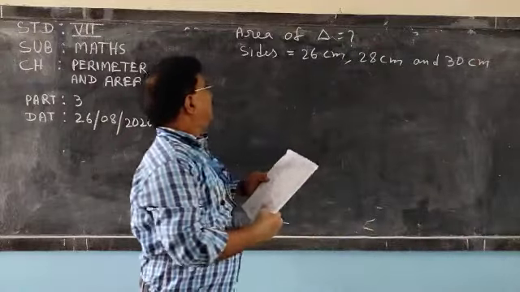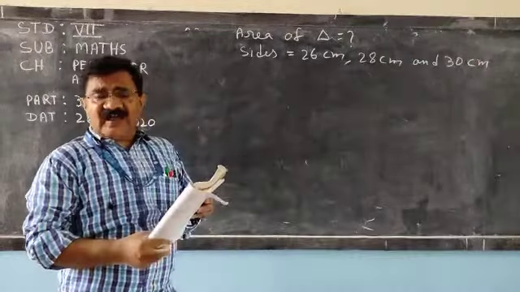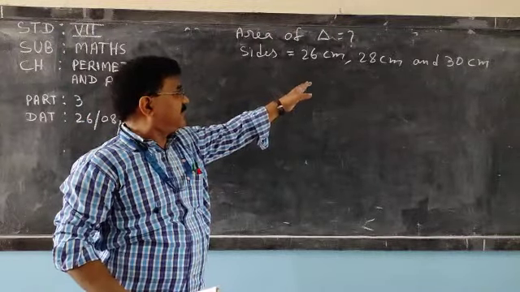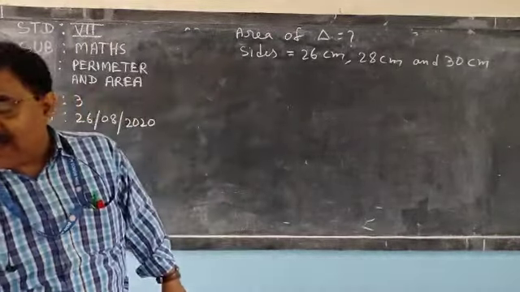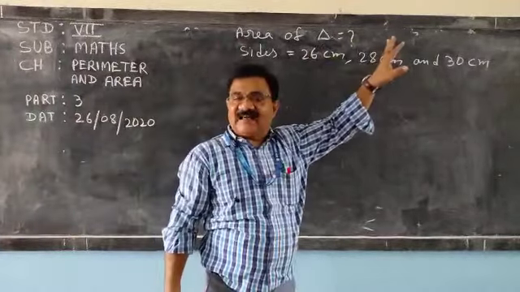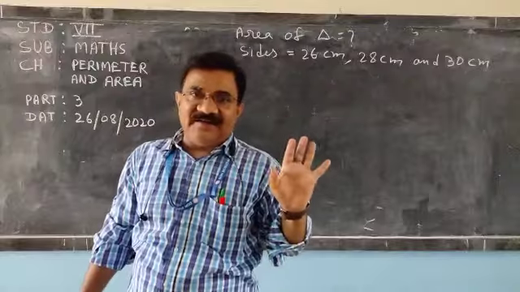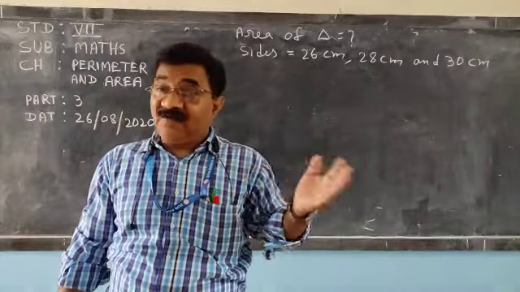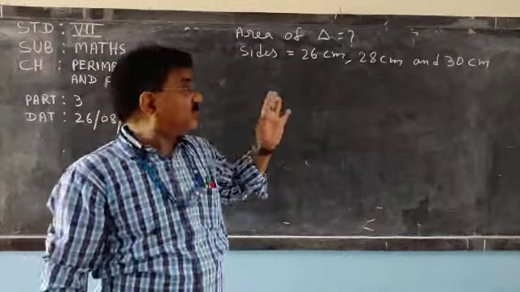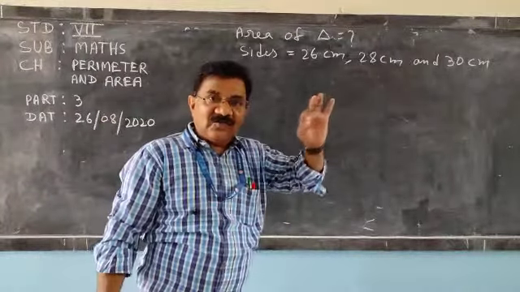Try to understand. Find the area of the triangle whose sides are 26 centimeter, 28 centimeter and 30 centimeter. It means only three sides are given and we are asked to find the area. Which formula you will use? Yes, we will use Heron's formula.